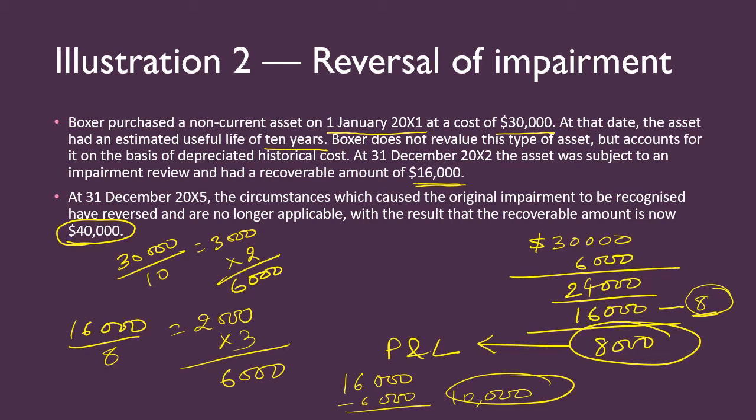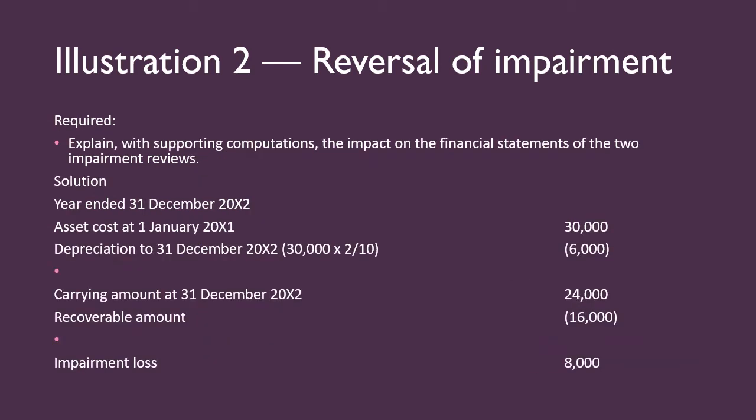So this is some information that I am calculating. Now see what is required: explain with supporting computation the impact on the financial statements of the two impairment reviews. So first, the year ended 31st December 2012.